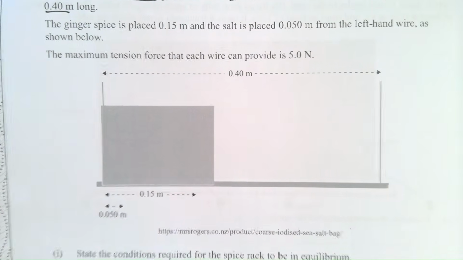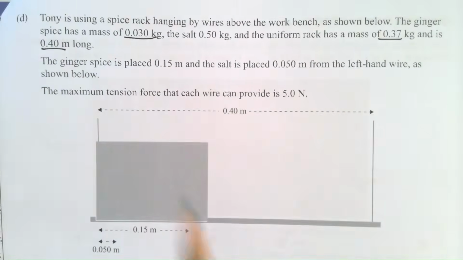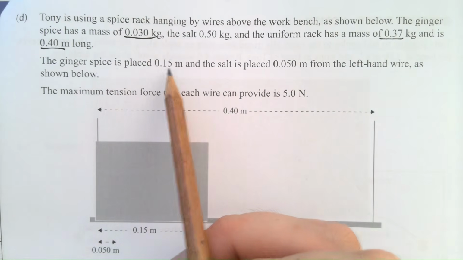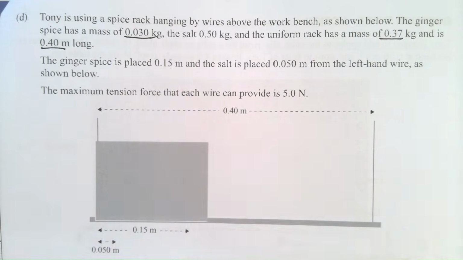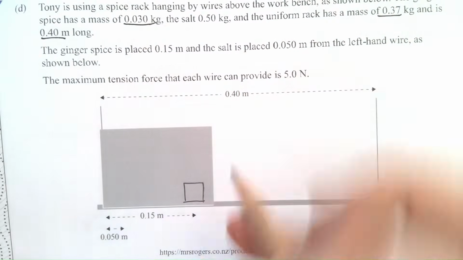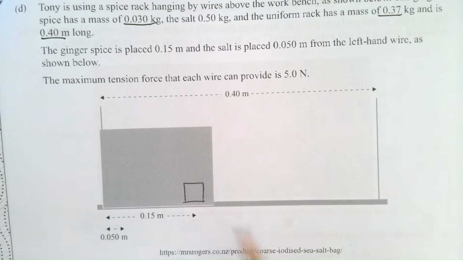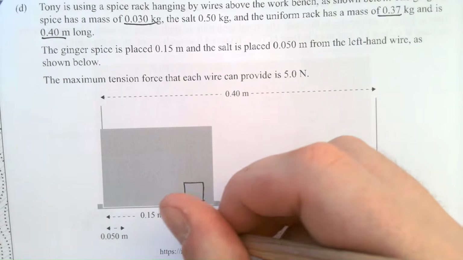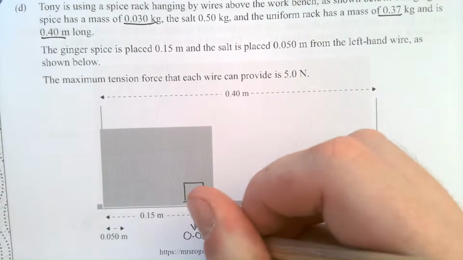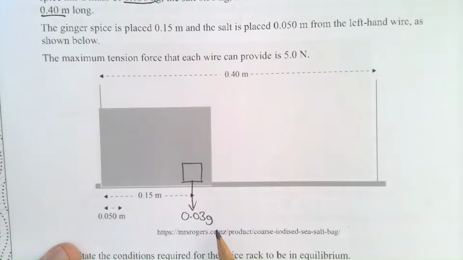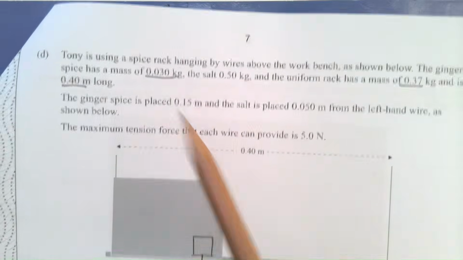So using my pencil, the ginger has a mass of 0.03 kilograms and it was placed 0.15 meters away. So our ginger is going above the 0.15 and its weight, sorry, is 0.03 g. Just to be clear, this is not grams. We're given this number in kilograms.